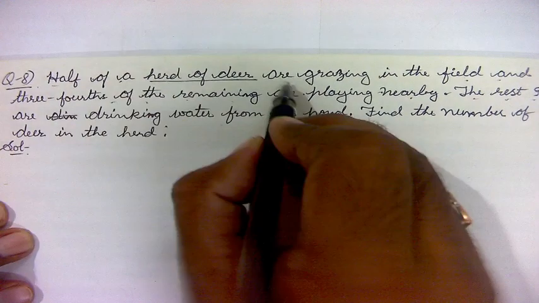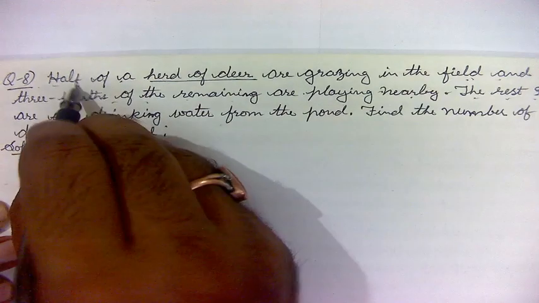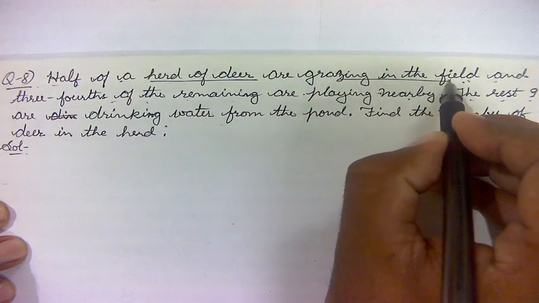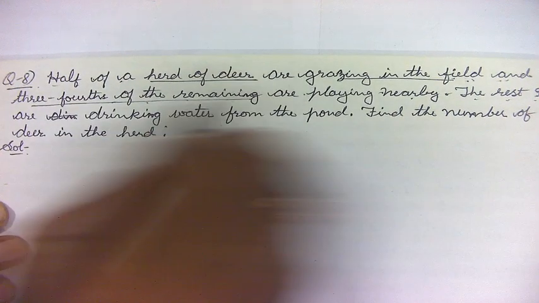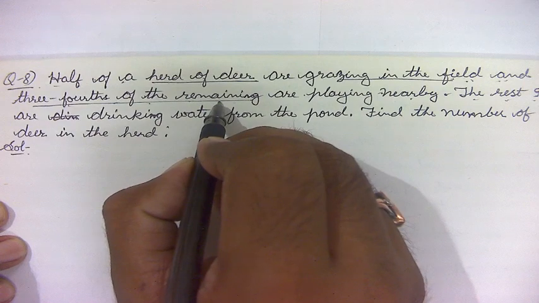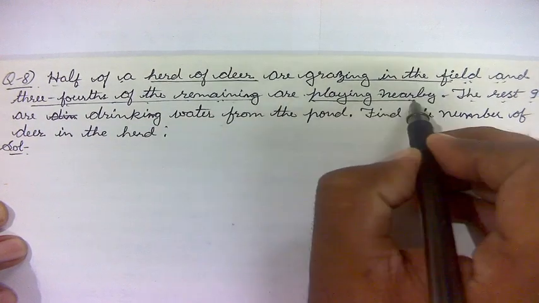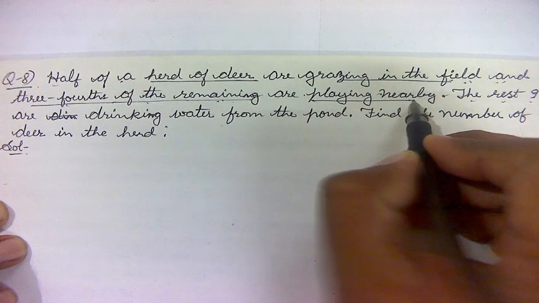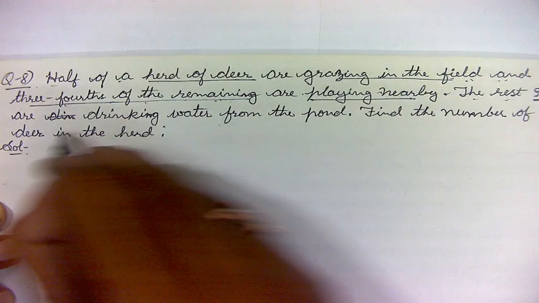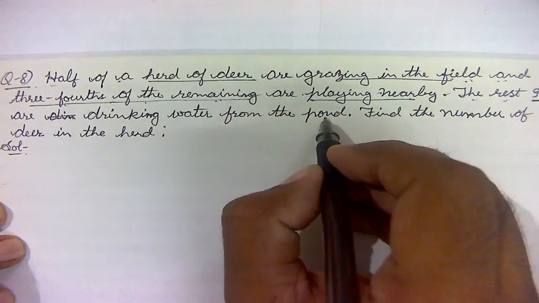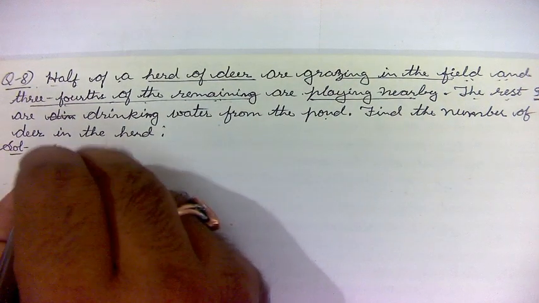Half of them are grazing in the field, and 3/4 of the remaining, not 3/4 of the total, are playing nearby, jumping and running. The remaining 9 are drinking water from the pond. You have to find the number of deer in the herd.